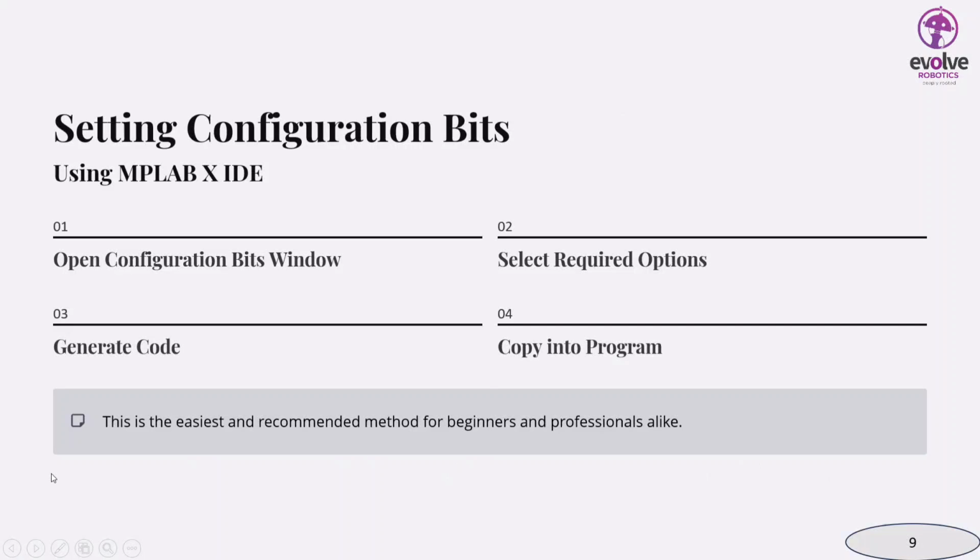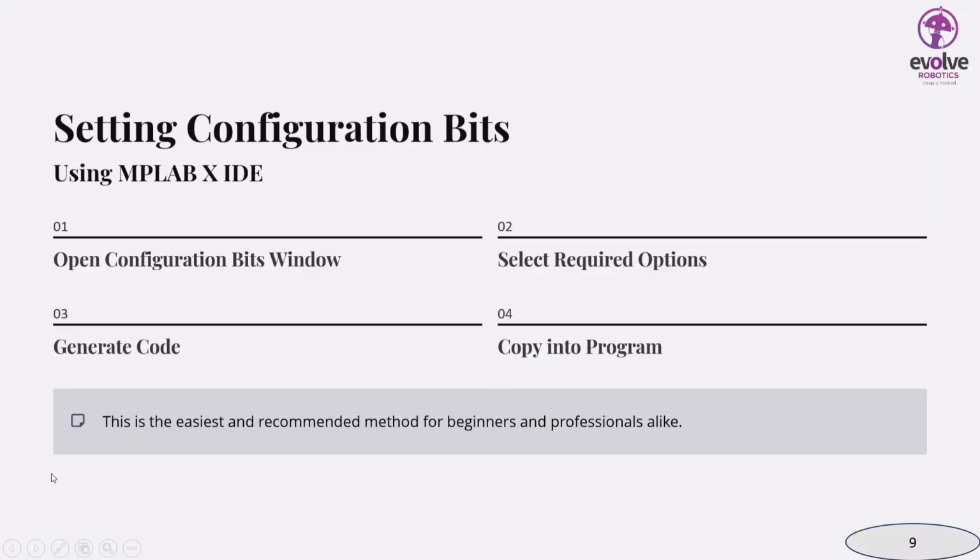After selecting the required options, you have to click on generate code. Then the code will be generated and you have to copy and paste that code in your main program. This is the easiest method for setting the configuration bits.